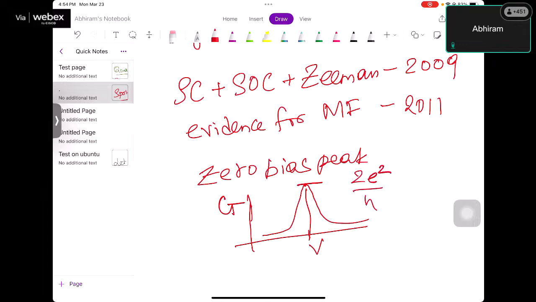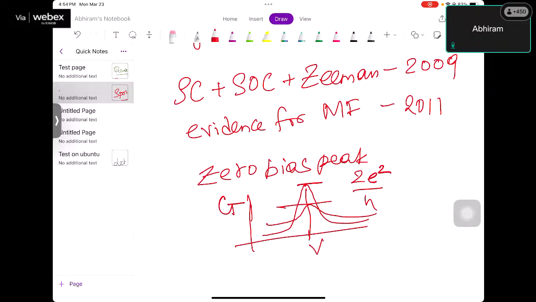But experimentally, they saw a peak and said it is due to the Majorana fermion. That is evidence for the Majorana fermion. The height was not the same as 2e square by h; it was much less than 2e square by h.